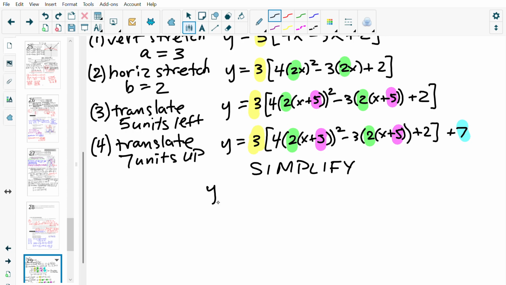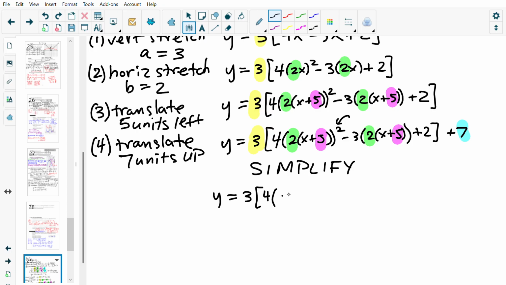Okay. Let's do it. Y equals 3 times 4. I'm not going to rewrite it again. Y equals, I'm going to expand by squaring this, right? So let's do it one by one.